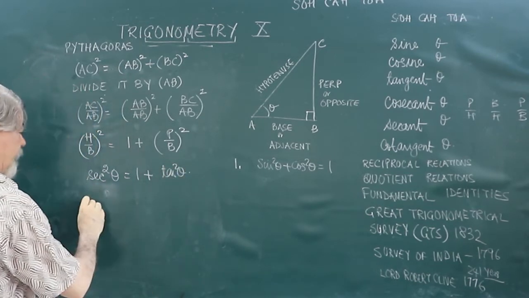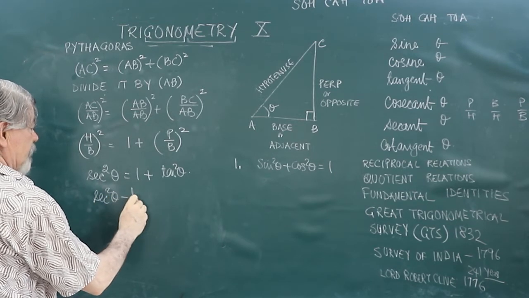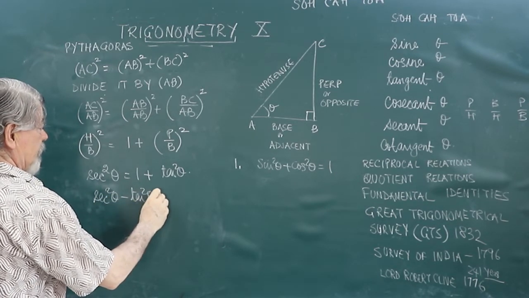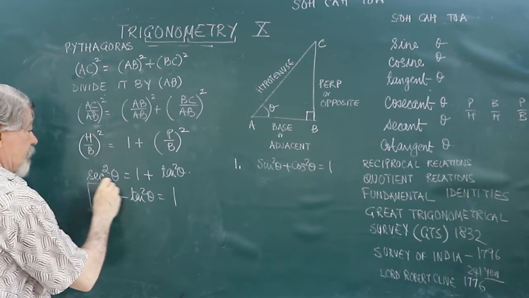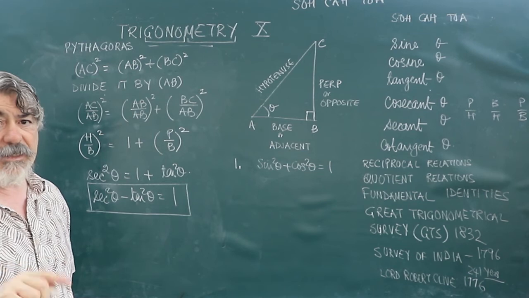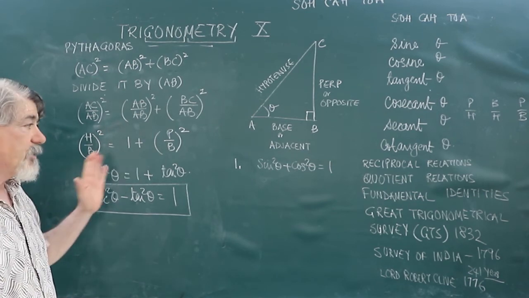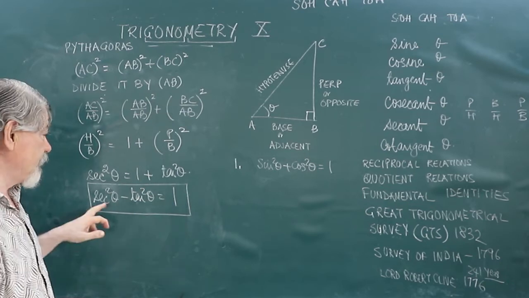So generally we write it as sec square theta minus tan square theta is always equal to 1, because I'm trying to convert everything on the right side as 1. I'll show you later on what we can do with this.